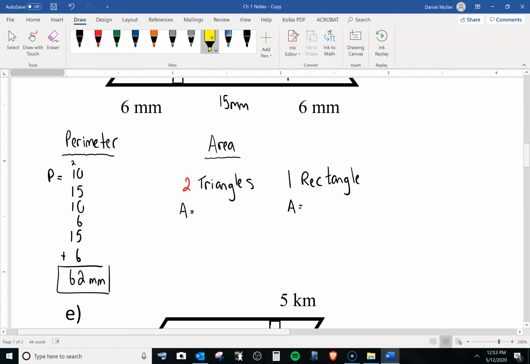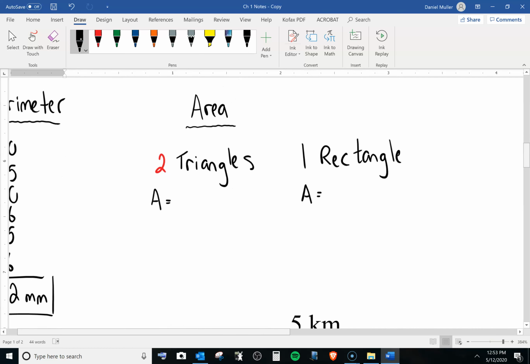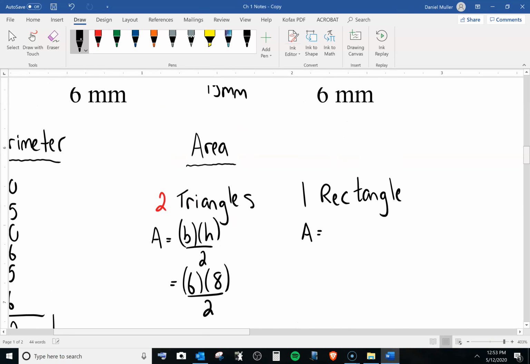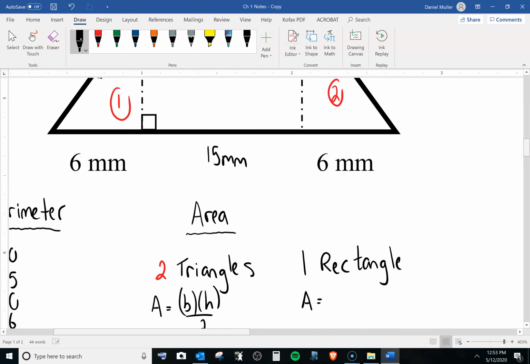And then I have to cut it in half, because the formula is base times height divided by 2. 6 times 8 is 48, cut in half is 24.